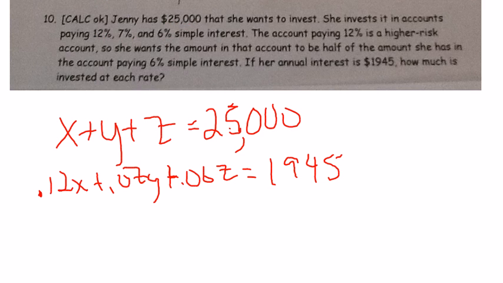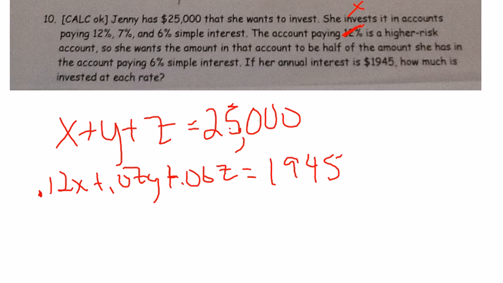I want you to read the second sentence to yourself right now. The account paying that 12% interest is a higher risk account, so she wants that account to be half of the amount that she has in the account paying 6% simple interest. The problem here is that there are way too many words, right? So 12%, which one's that? That's x.